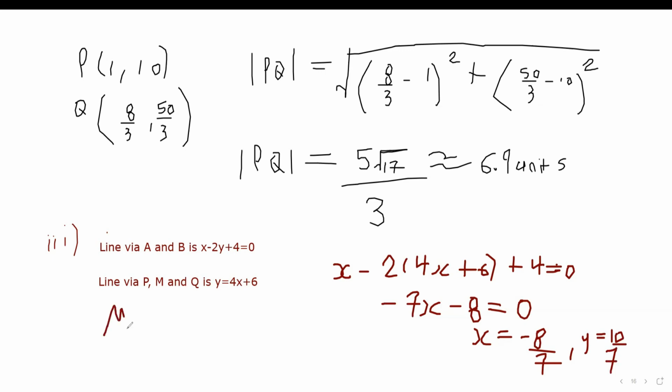M is actually the point minus 8 over 7, comma 10 over 7. That's where the two lines intersect. Since this is our point M, now we're able to find PM. So you got 2 out of the 4 marks now. So PM, Marika, we use the length of a line formula.